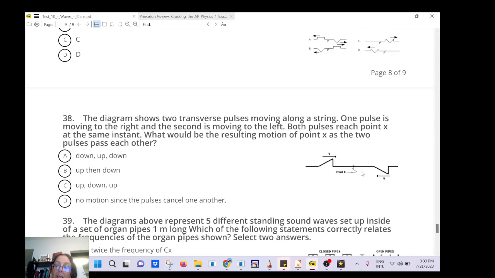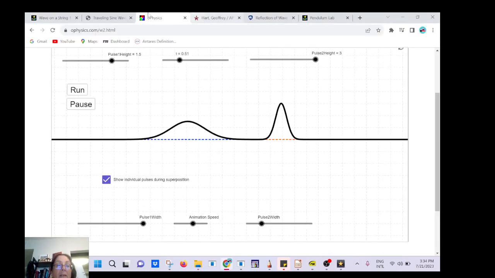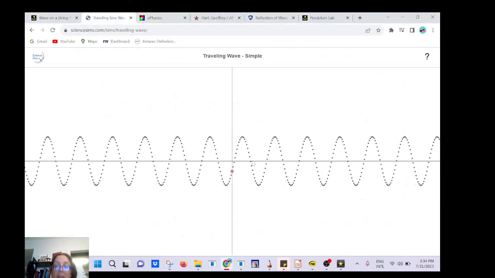Okay, so this one, two waves, so you have two pulses. It's gonna be at the same place at the same time. What's gonna happen to this point here, to this particle? What's gonna happen to it? And it's kind of the same idea of this problem here.